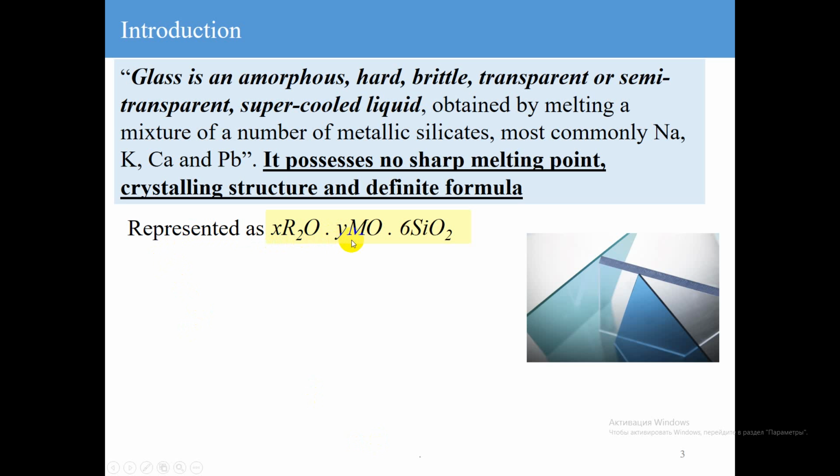So we already understand that glass is represented as xR2O, yMO, and 6 silica, and of course a glass-forming oxide. R equals monovalent alkali metals like natrium and kalium.